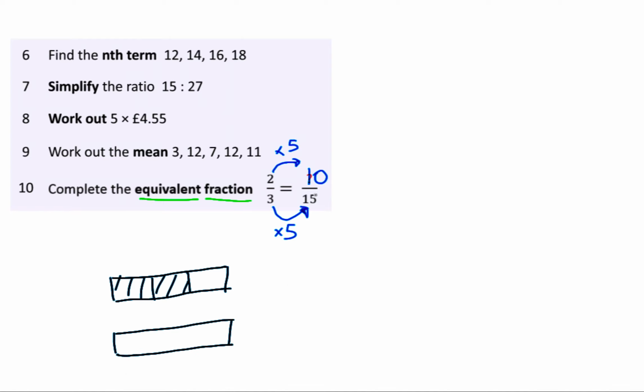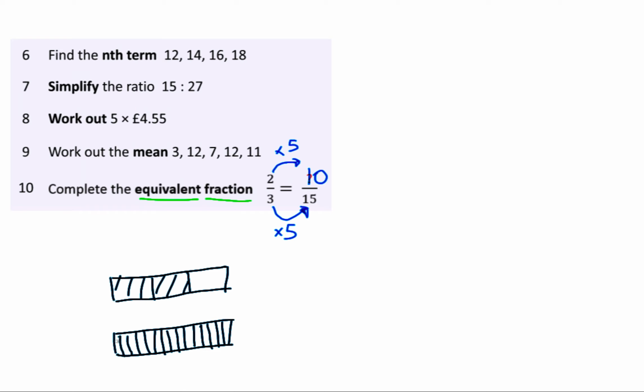Perfect. Now let's draw this chocolate bar. So in this case, I have to divide my chocolate bar in 15 parts. So let's do it. 1, 2, 3, 4, 5. And 1, 2, 3, 4, 5. And 1, 2, 3, 4, 5. Perfect. So I've divided my chocolate bar in 15 parts, and I'm gonna take 10.